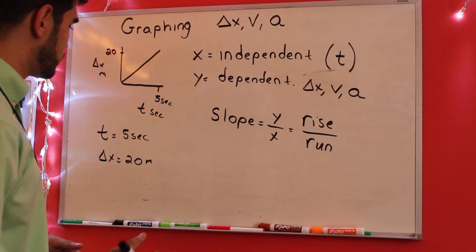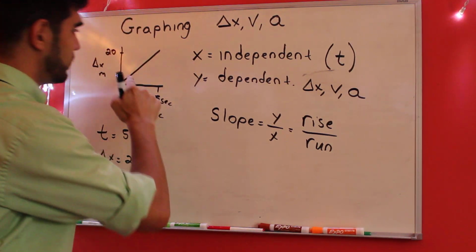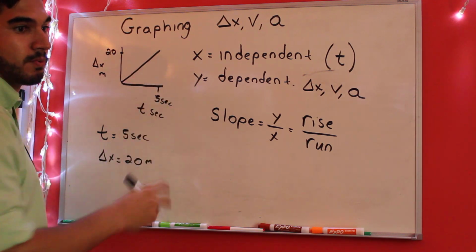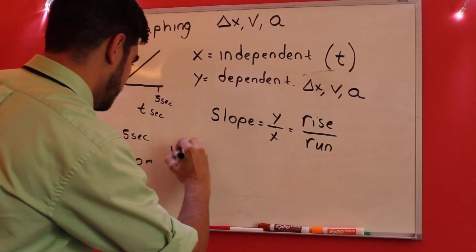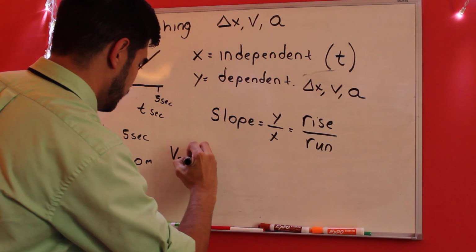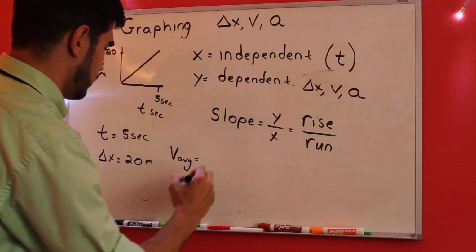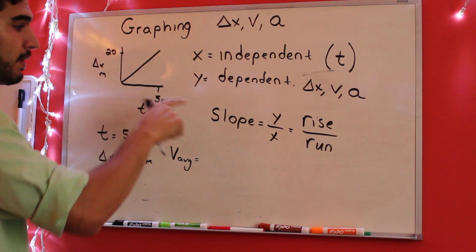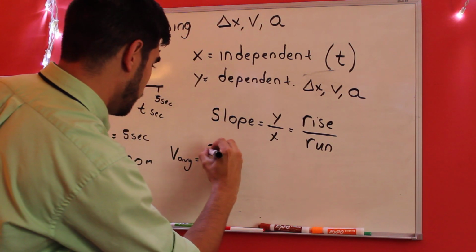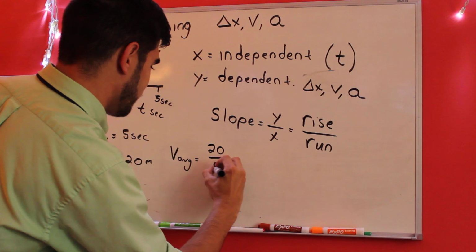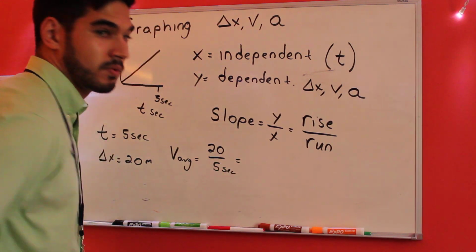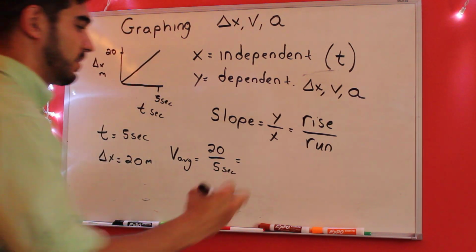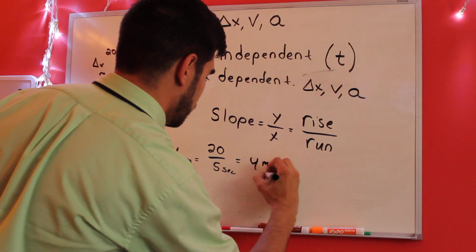We can then conclusively say that, supposing it's perfectly linear, our velocity equals our delta x over our delta t, our rise, our y-axis divided by our run. So we can say 20 meters over 5 seconds. We could say that for every second they're traveling at 4 meters per second.